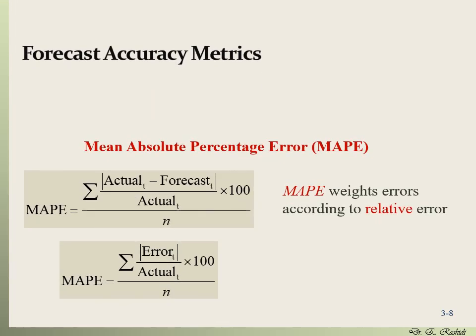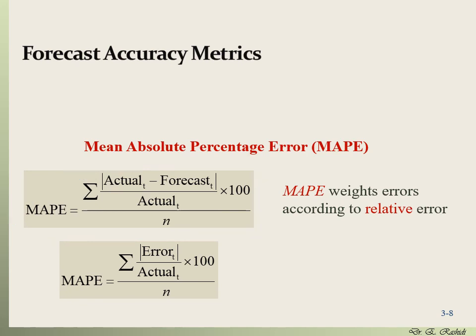There is another forecast accuracy metric. It's called mean absolute percentage error, or MAPE. As you can see from this formula, it uses the absolute value of the deviation of our forecast and the actual. It divides it by the actual, so it finds the percentage, and then divides the whole thing by the number of periods.